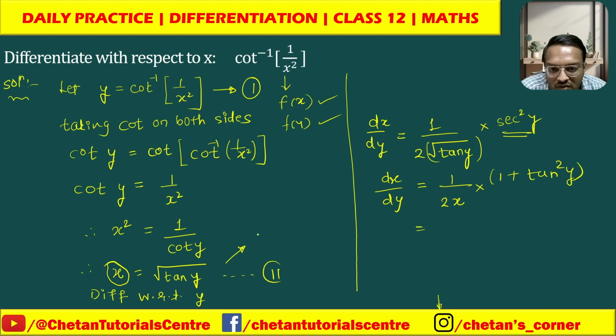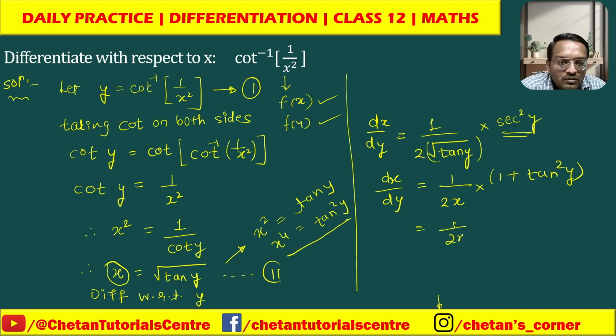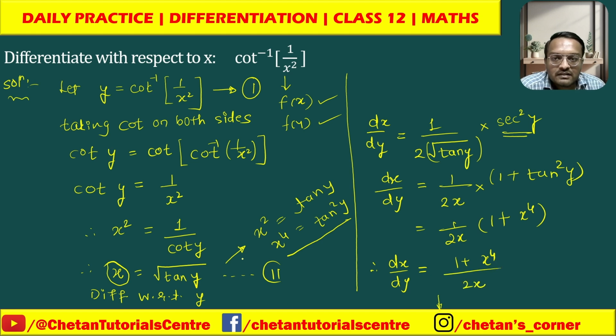So x square is equal to tan of y, then tan square y will be equal to x raised to 4. So 1 upon 2x inside the bracket 1 plus x raised to 4. Therefore, the value of dx by dy is equal to 1 plus x raised to 4 upon 2x.